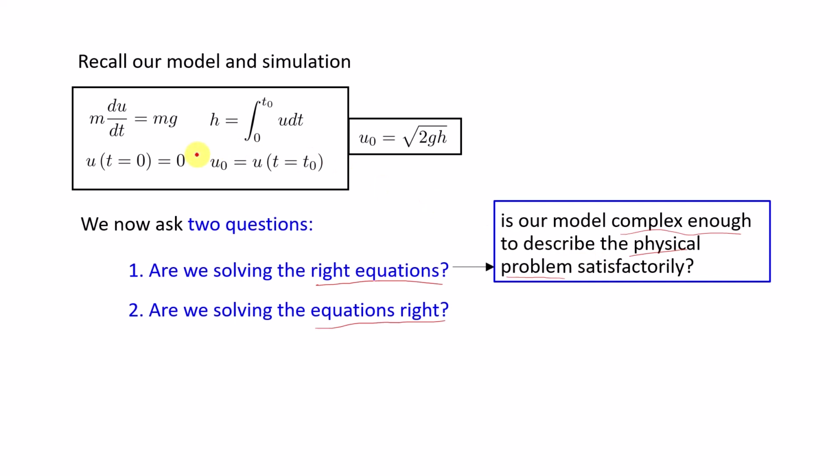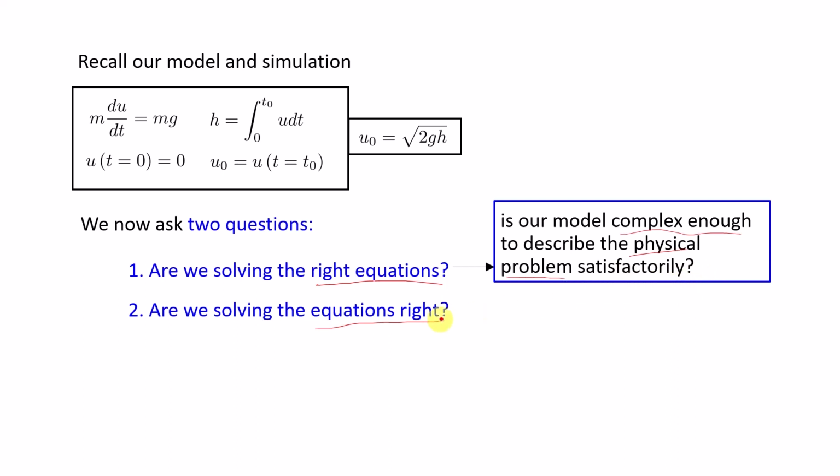When we create a model, we take simplifying assumptions to bring something that we can solve. Now, these simplifying assumptions simplify, but do they keep the essential elements of the physical problem that we are interested in? That is the question here.